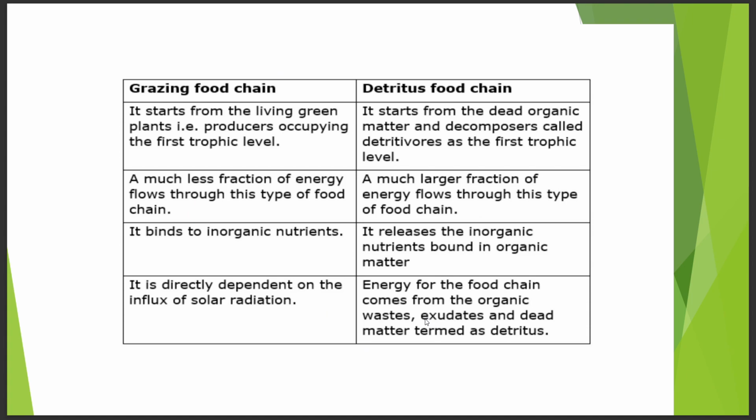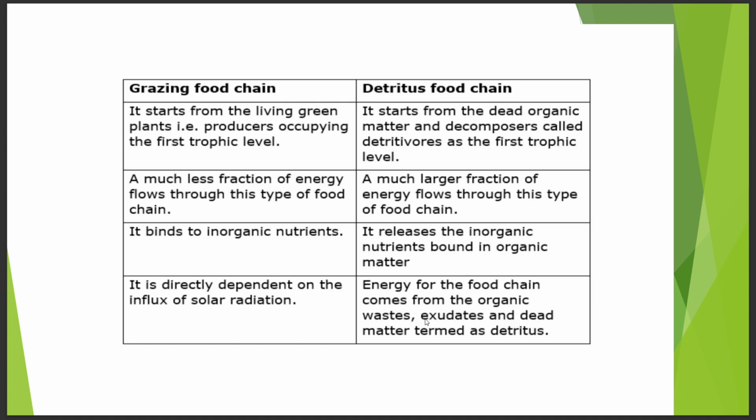The grazing food chain starts from the living green plants, that is producers occupying the first trophic level, whereas the detritus food chain depends on detritivores, that is the dead organic matter. In the grazing food chain, a much smaller fraction of energy flows through this type of food chain, which we'll study in the coming topic, the pyramid of energy, in this video lecture itself. In detritus, a larger fraction of energy flows through this type of food chain.